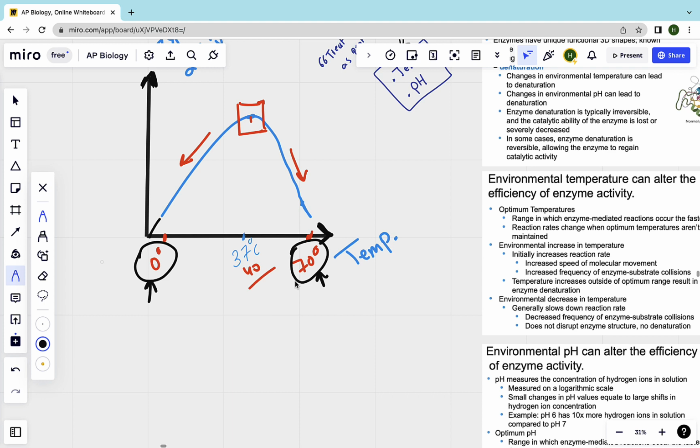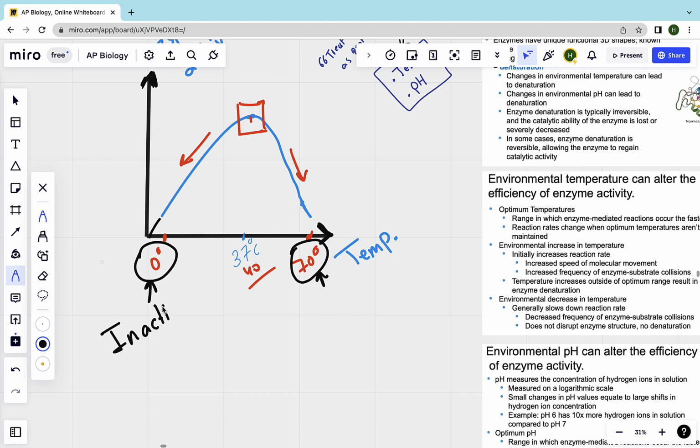So, at freezing temperature, what will happen to the enzyme? It will not be able to bind, so the activity will be zero. It will hold its shape. At very low temperature, the enzyme does not break down. It's not destroyed. It is inactivated.